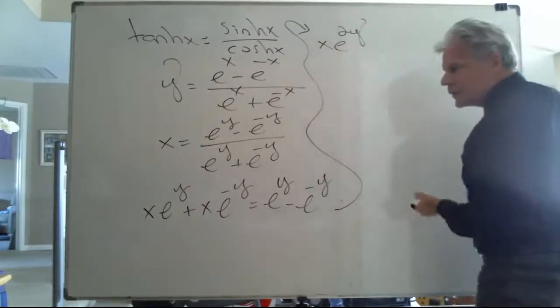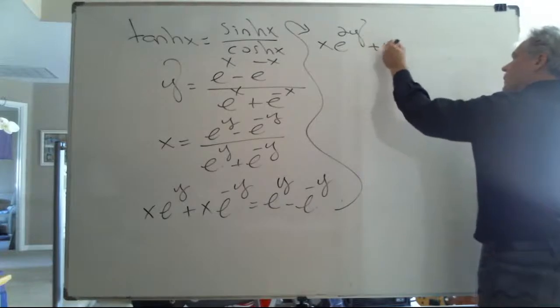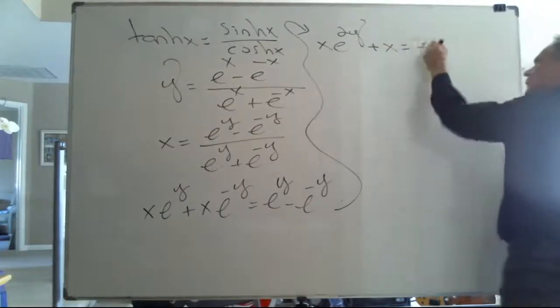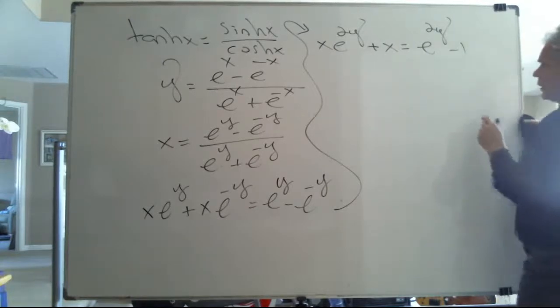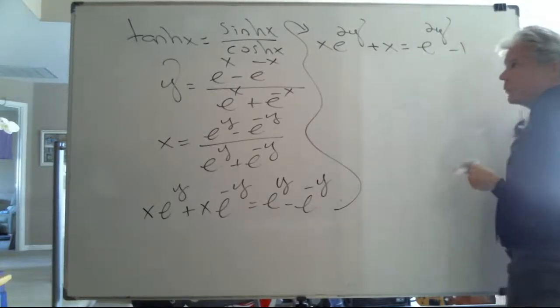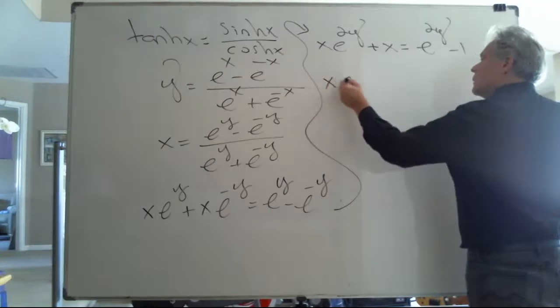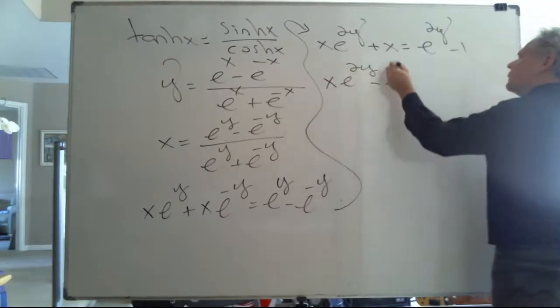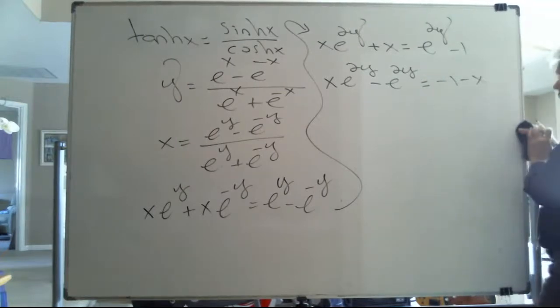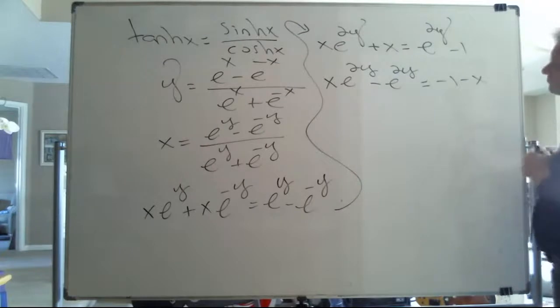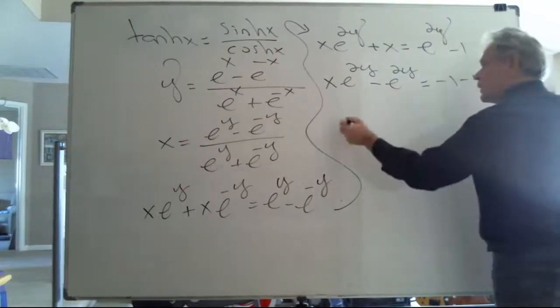So I will multiply both sides by e to the y. Bringing all the terms involving the variable y to one side. Bringing all the other terms not involving the variable y to the right-hand side. Factoring out e to the y.